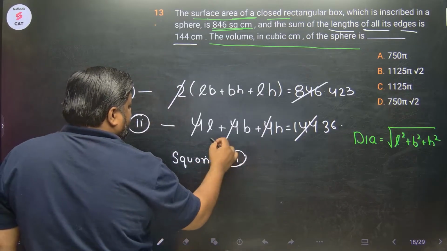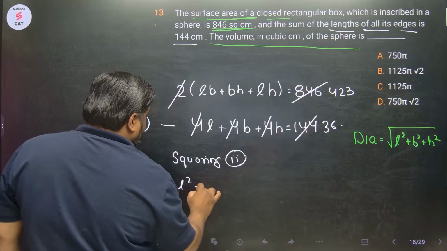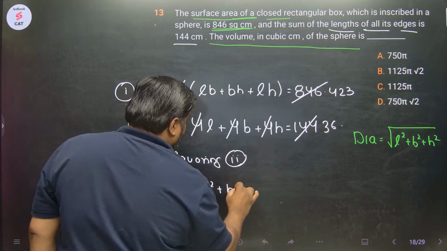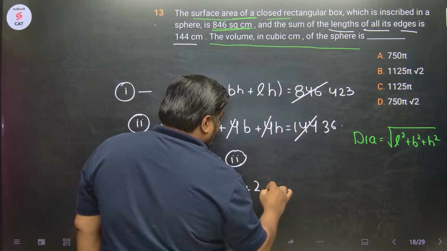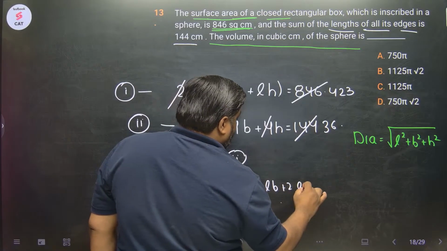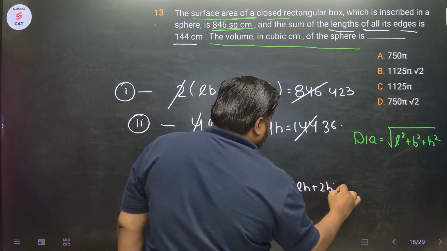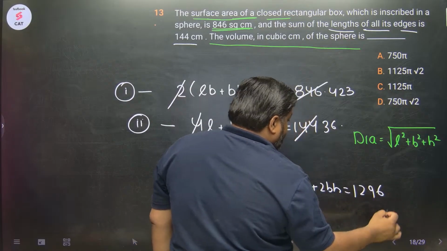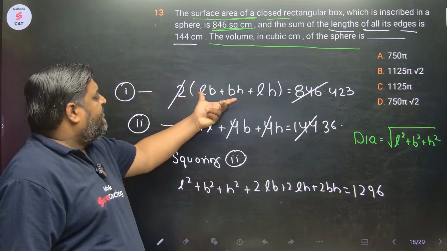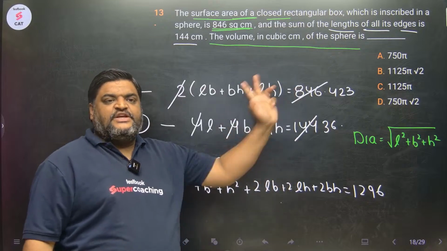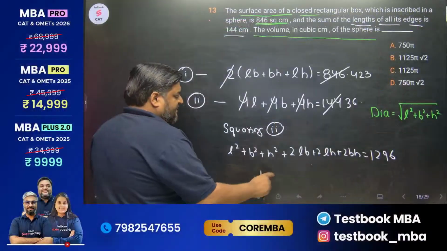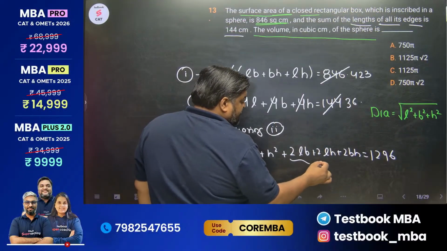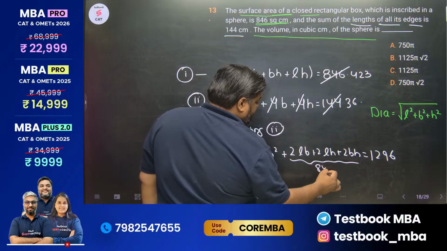L plus B plus H whole square, which is L square plus B square plus H square plus 2 times (LB plus LH plus BH) equals 36 square, which is 1296, and 2 times (LB plus BH plus LH) is 846 from the first equation.